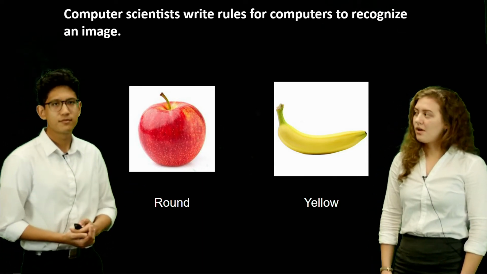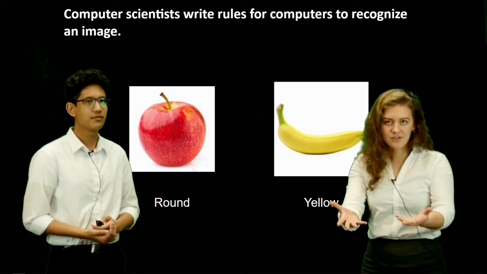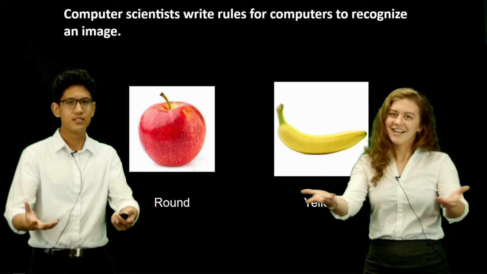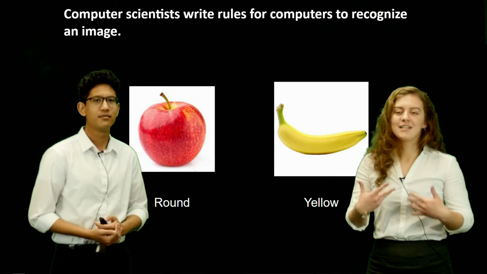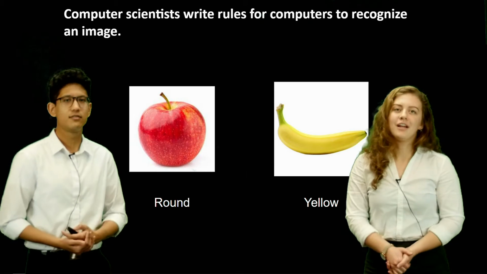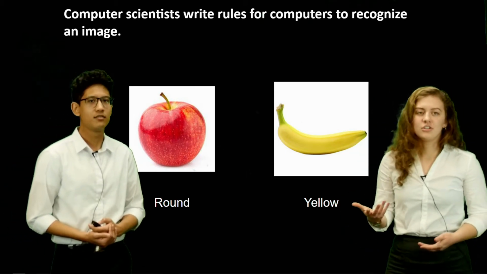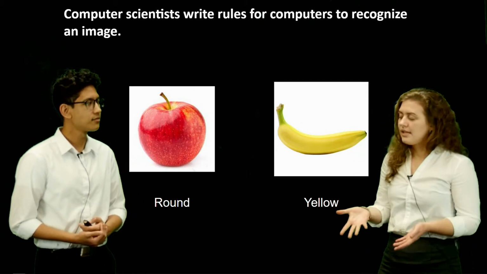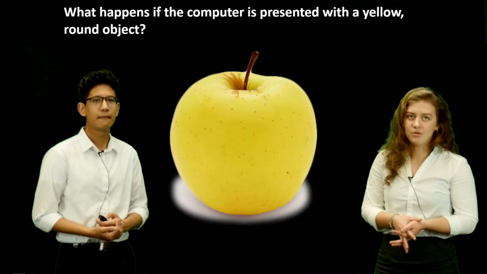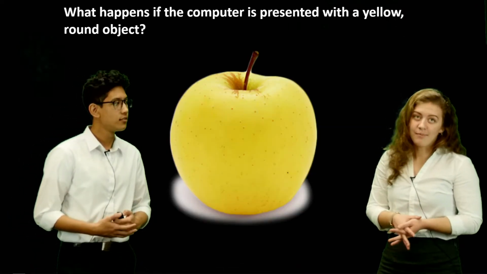So if an image is presented to you and it is yellow, you will recognize it as a banana, right? And if you're presented with something that is round, you would recognize it as an apple, right? But what if, with these two definitions, you are seeing a different image that is quite difficult to understand as a computer, and it is a yellow apple?